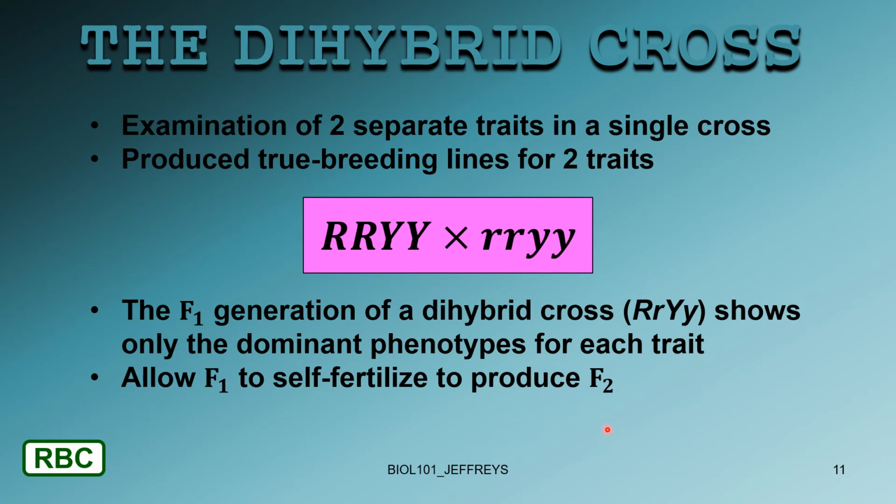Okay, you get it? Right, the F1 generation are the result of this cross, and just like with the monohybrid cross, true breeders produce heterozygotes. But in this case we have 2 genes, 2 traits, so we're heterozygous for both. And then we're going to let these guys self-fertilize, or we're going to cross those.